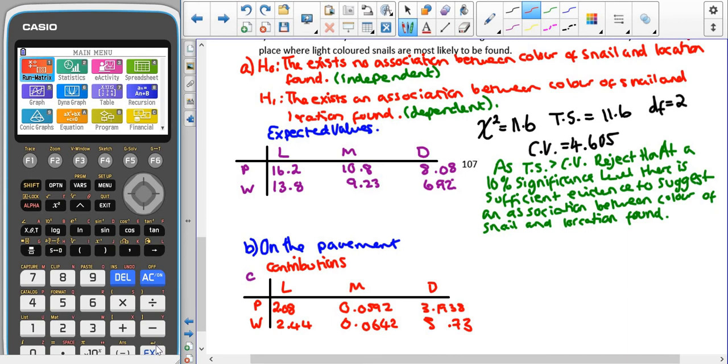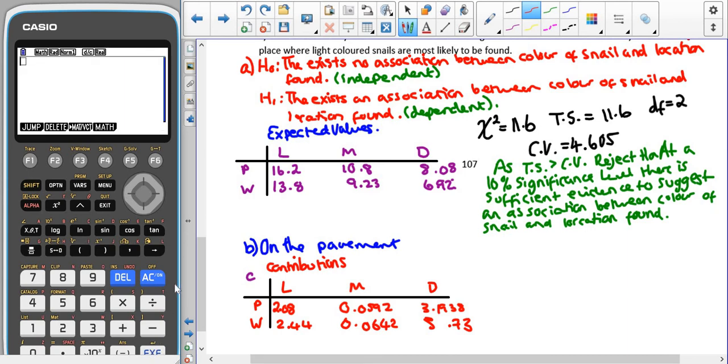If I just go into the normal part of my calculator and add these values up, so 2.08 plus 0.0592 plus 3.1938 plus 2.44 plus 0.0642 plus 3.73.